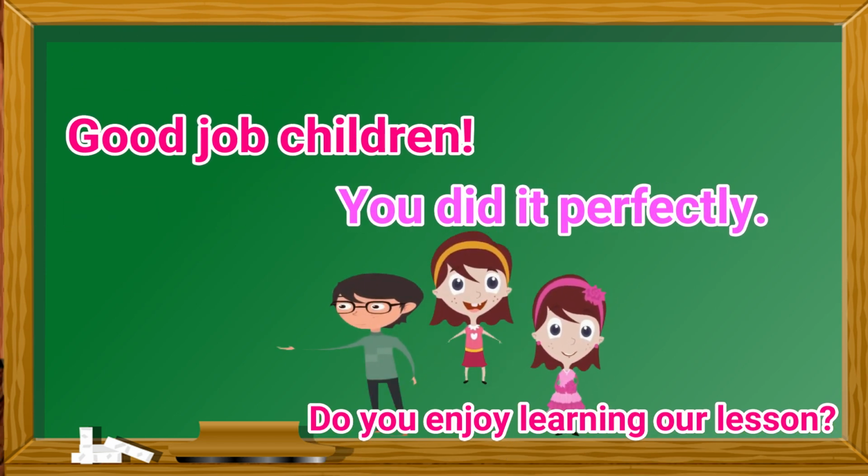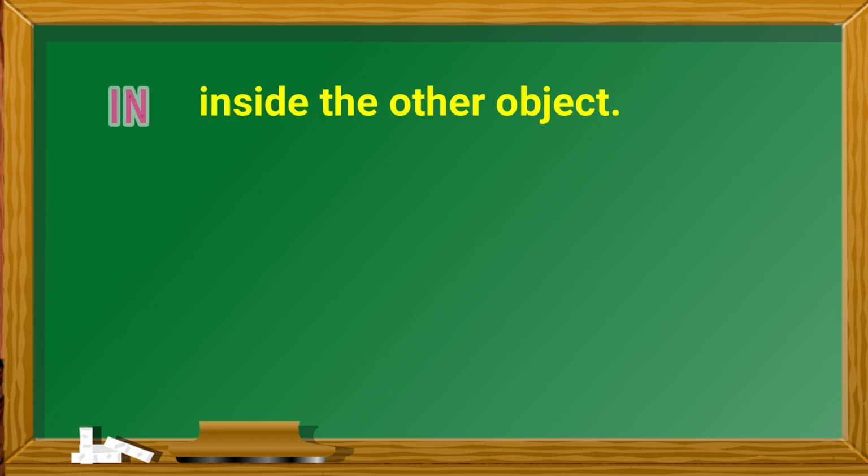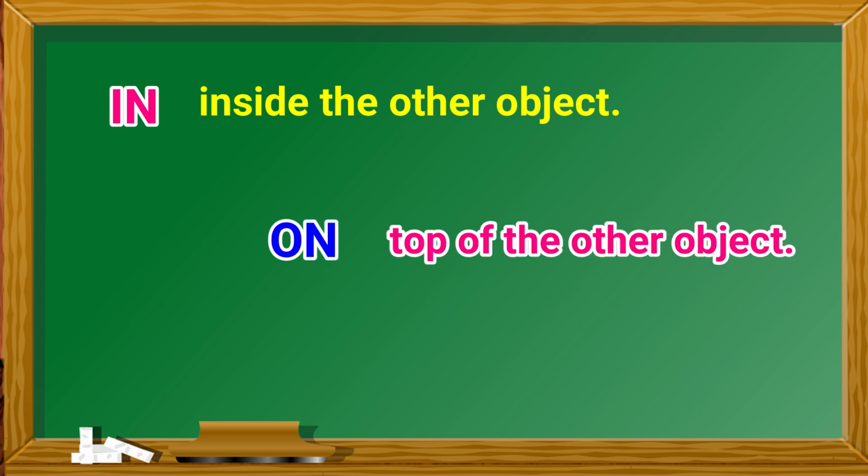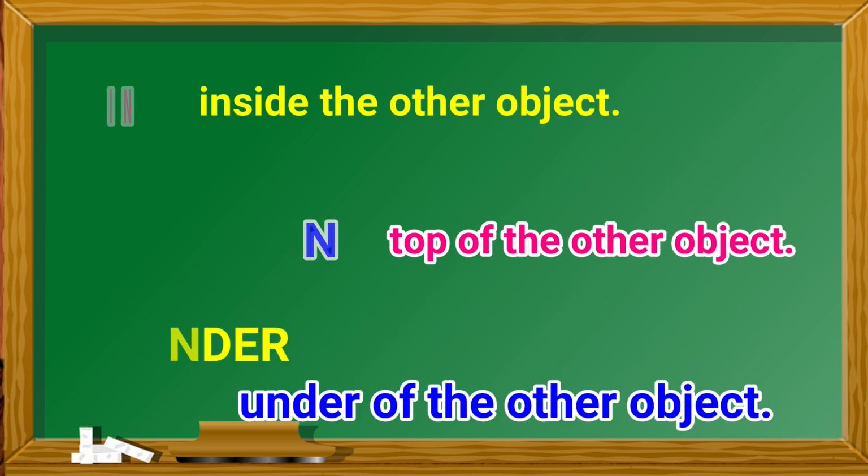Do you enjoy learning our lesson? We use in if the object is found inside the other object. We use on if the object is on the top of the other object. We use under if the object is under the other object.